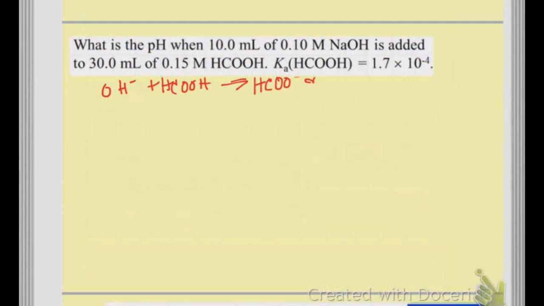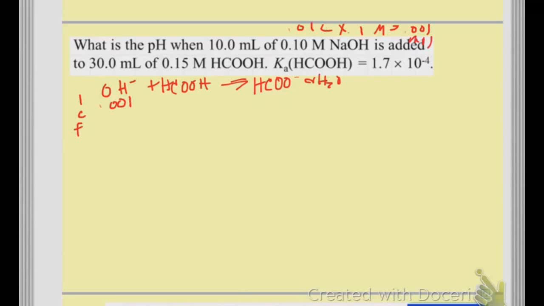Alright, so let's take a look at what happens if I add some sodium hydroxide to this formic acid. The first thing you have to do is write that equation that we just agreed on. Okay, I need to do an ICF. This is a one-way reaction, right? We're going to completion. So if I'm doing ICF, I need to use moles, right? So I got to figure out how many moles I have, and I know that moles is equal to molarity times liters.